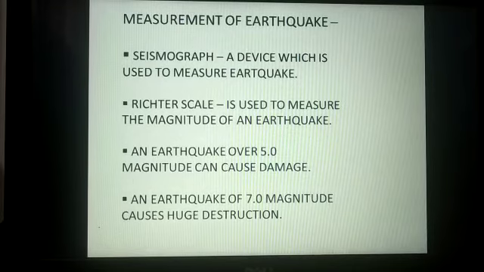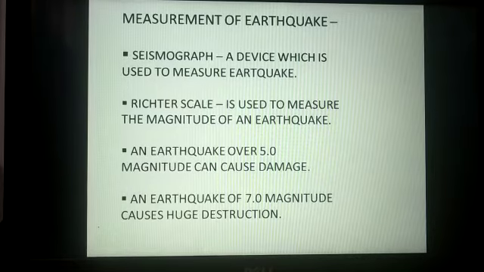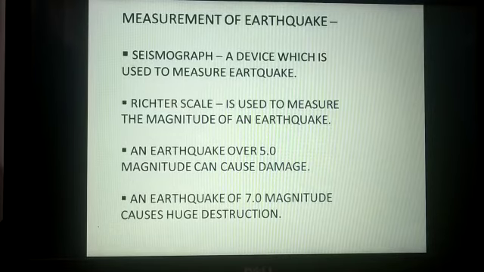Now let us learn about the measurement of earthquakes. A seismograph is a device which is used to measure earthquakes, and the science of the study of earthquakes is called seismography. And the scale which is used to measure the magnitude of an earthquake is called the Richter scale.